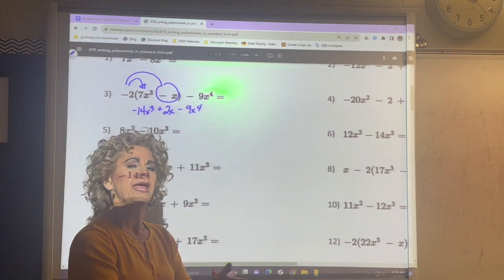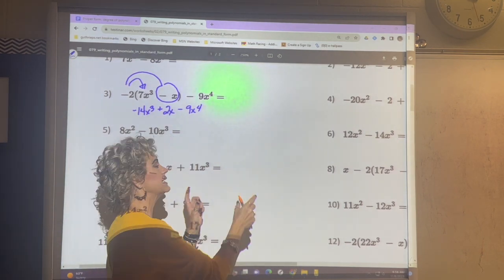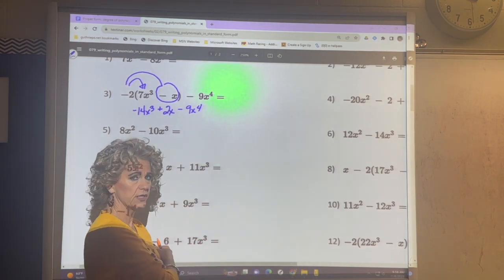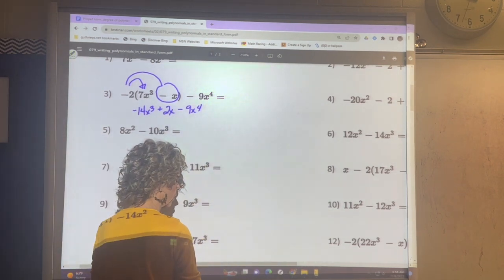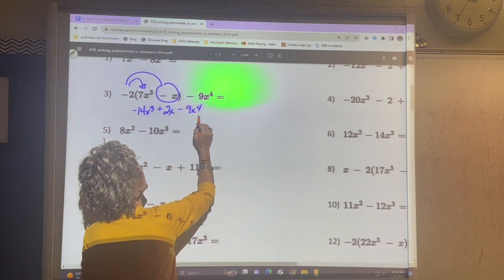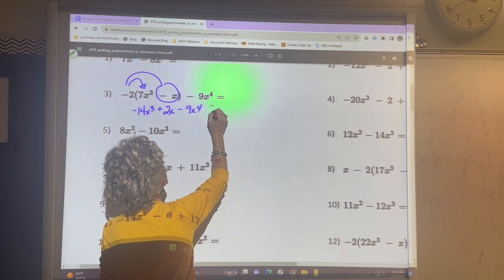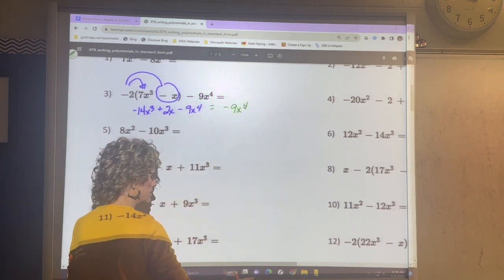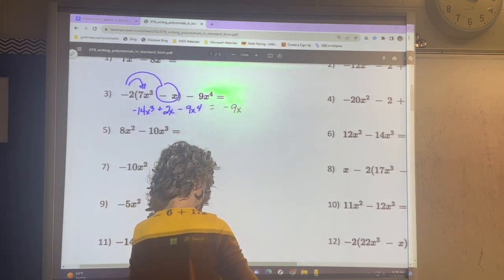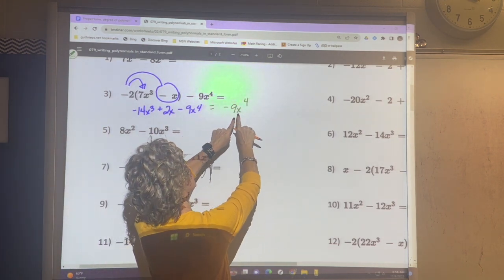Proper form is we take the term with the highest exponent and list it highest exponent to lowest exponent. So if we step back, the highest exponent is x to the 4th. We have a negative 9x to the 4th. That's one term. And then the next, after 4 comes a 3.